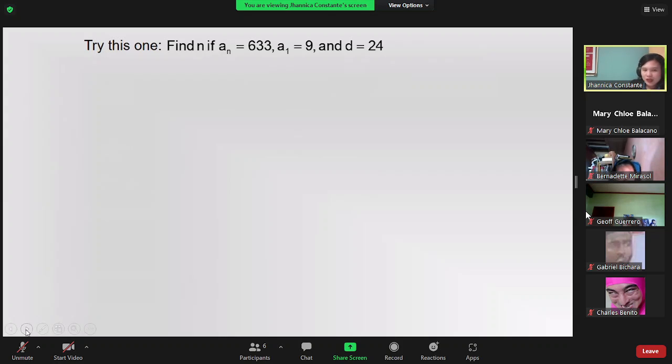What we're solving here is the relative position of a term with a value of 633.